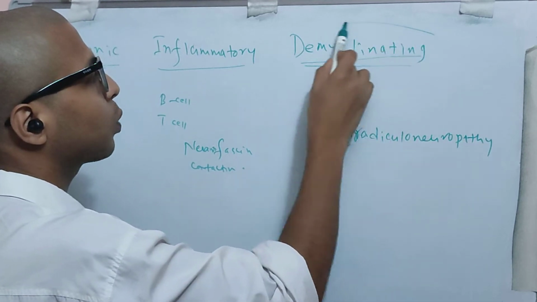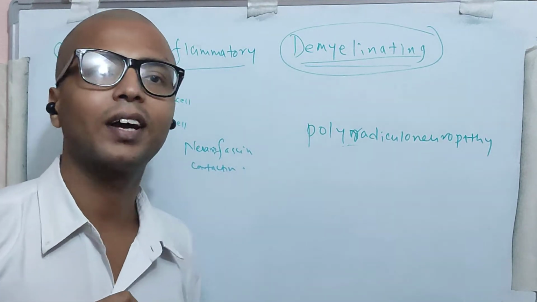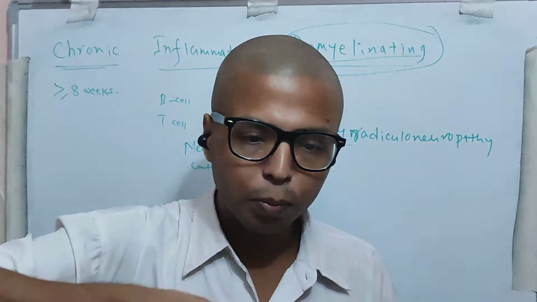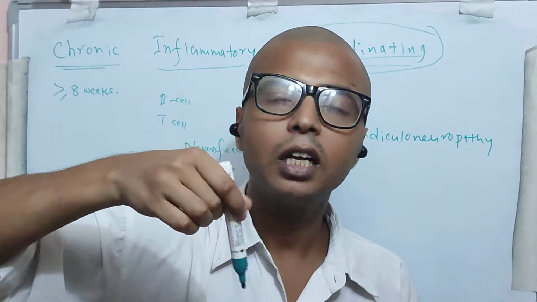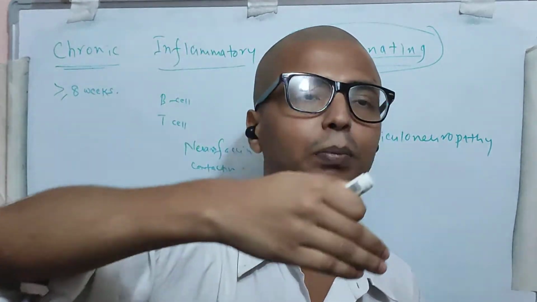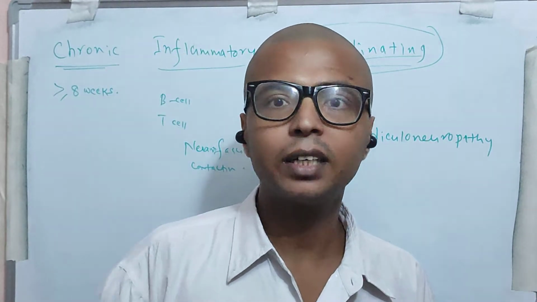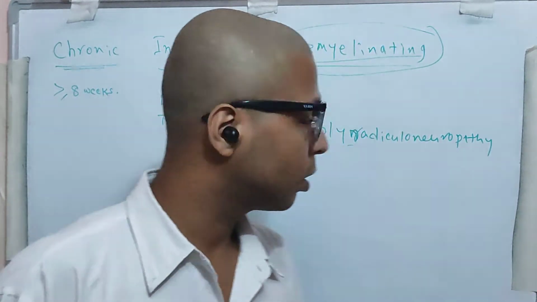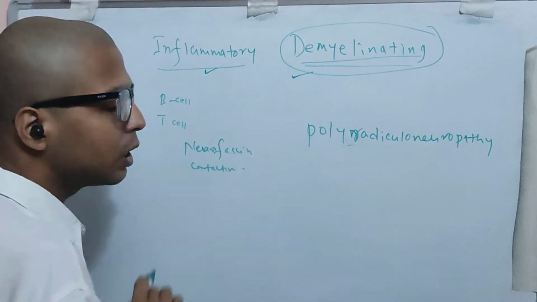So the more myelinated the nerve fibers, the more affected they are. That's why the motor component is involved more than sensory, and among sensory, vibration and proprioception are more affected compared to pain and temperature, because the posterior columns are more thickly myelinated compared to the spinothalamic tract. So it is immune mediated inflammation that causes demyelination.